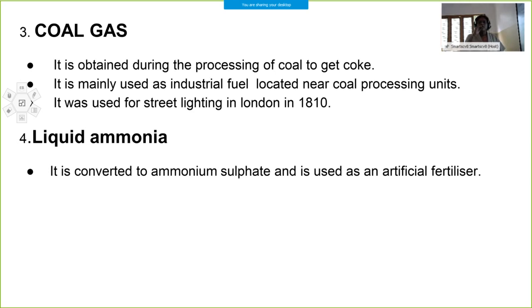So what did we discuss so far about coal? A quick sum up, or quick recap. Coal is a natural resource. In the last class I already told you that coal is a natural resource. It is an exhaustible natural resource. It is a fossil fuel.